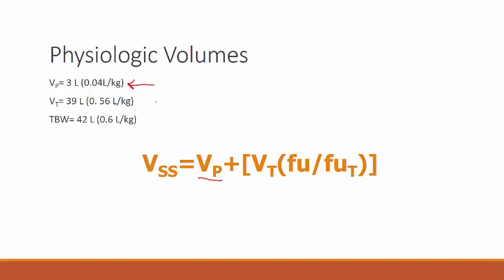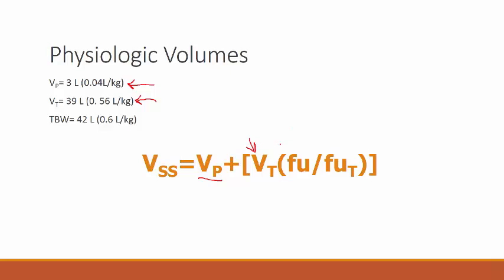And then you also have a fairly fixed volume of your tissues here, which is 39 liters in a 70 kilogram person, or 0.56 liters per kilogram if you need to weight adjust it.